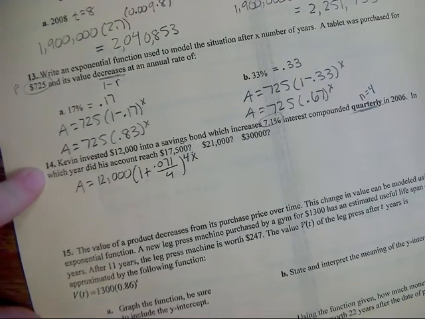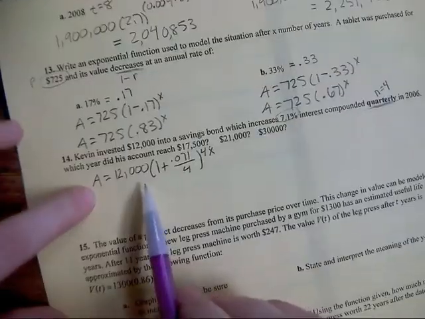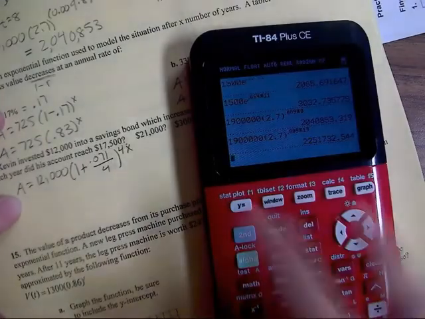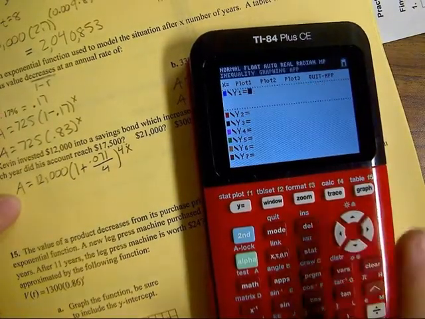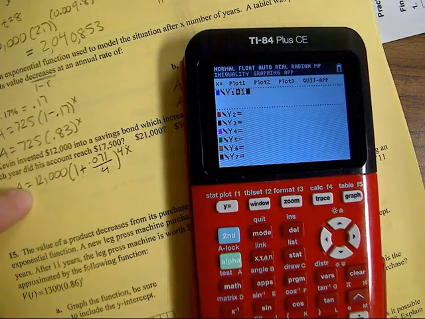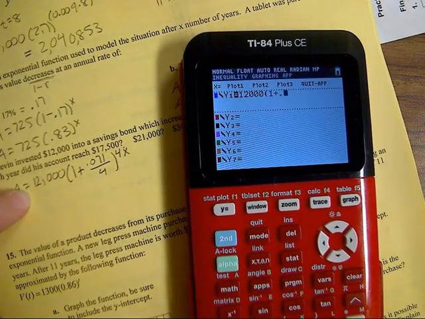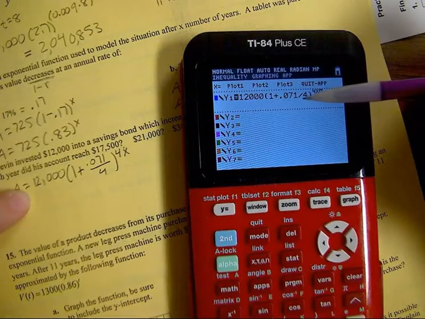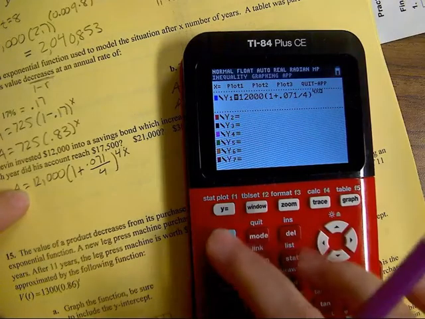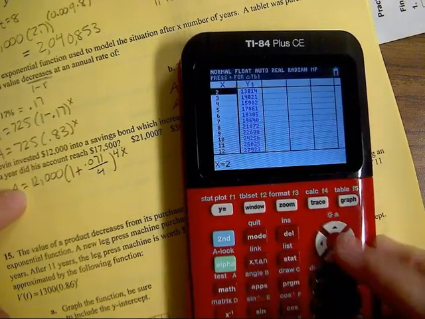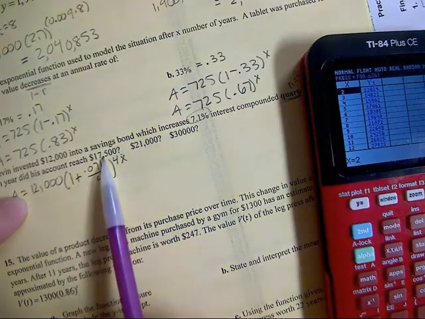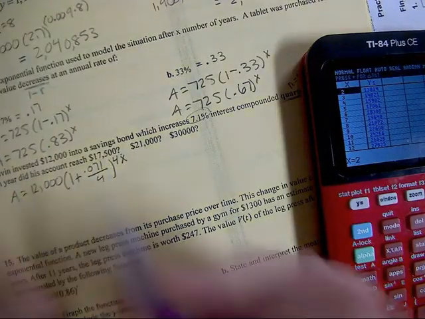All right. So I'm going to put this equation into my y equals function. 12,000 times 1 plus 0.071 divided by 4 raised to 4x. Okay, it's in my y equals. I want to go to my table. So I'm going to push second graph and go to my table. For the first one, we're looking for 17,500.